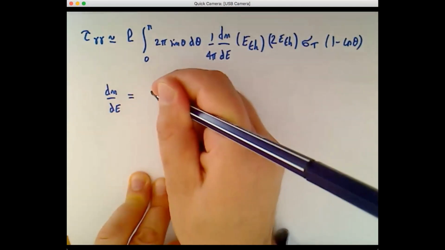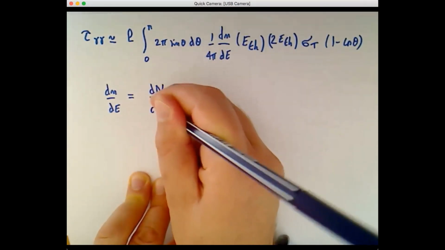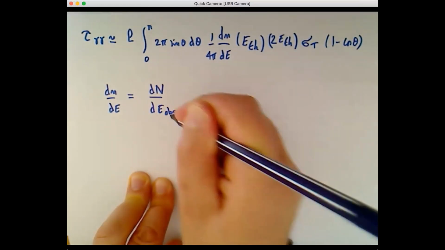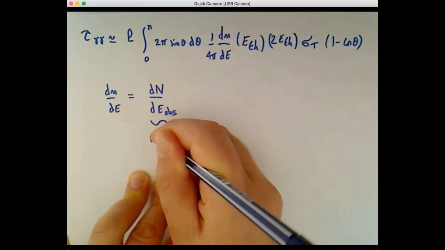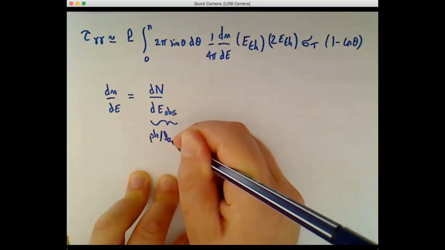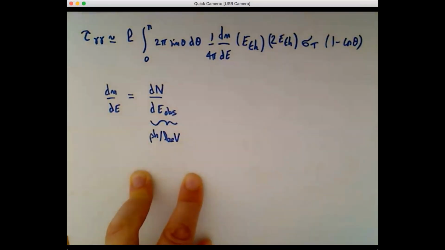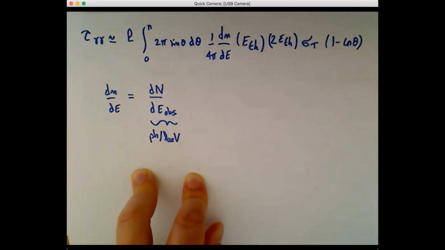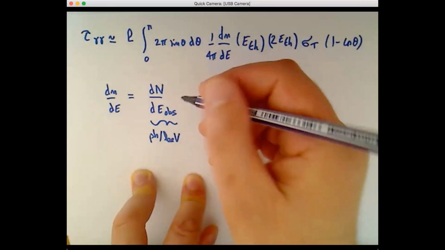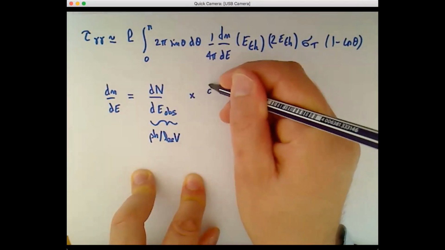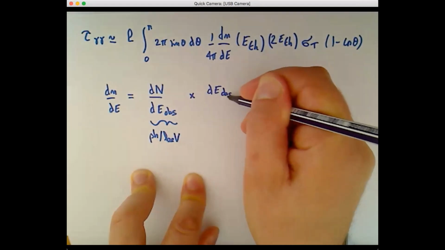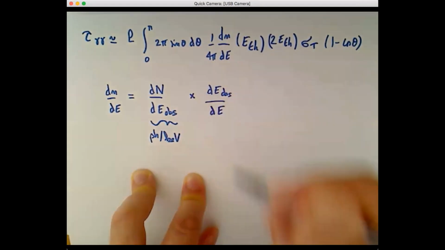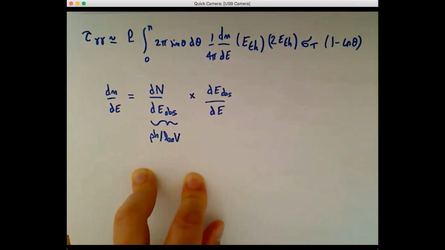The density of seed photons can be deduced from the observed spectrum. This observed spectrum is in photons per keV. I assume that I know the distance to the source, so I have corrected the flux for the distance to get photons per keV. Then I have to multiply by this term, which is necessary if my frame of calculation is different from the frame where I measure the observed energy.